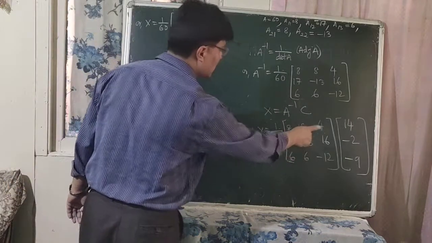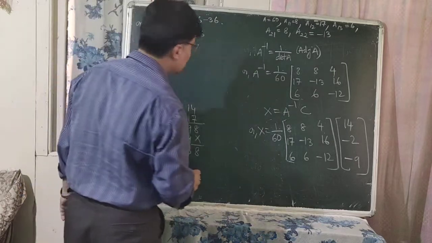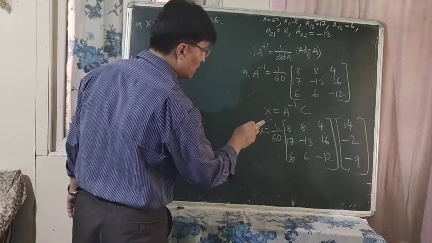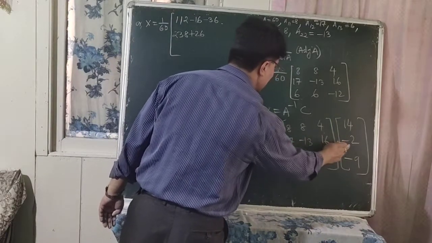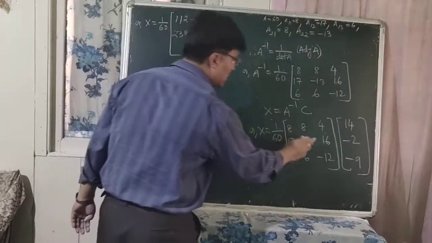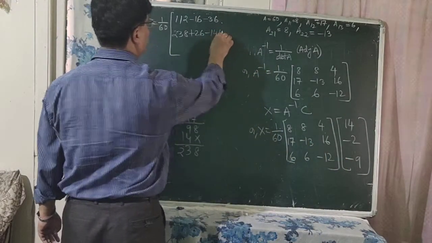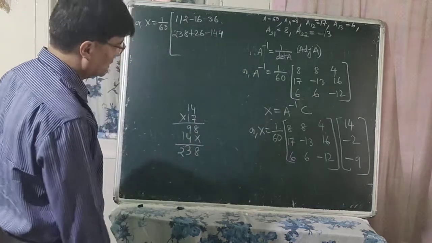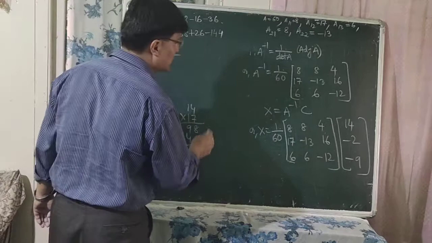Next, minus 13 into minus 2 is plus 26. This is minus into minus, plus 26. Then 16 into minus 9 is minus 144. Is that clear? Yes. Now third row by first column. 14 into 6.